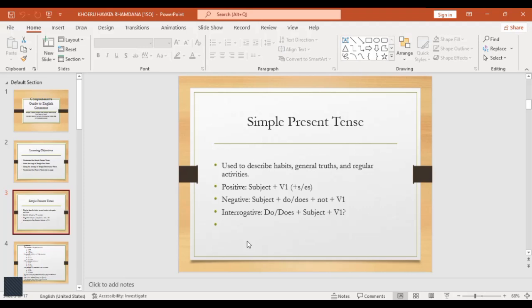Remember that simple present tense is also used with expressions that indicate frequency, such as always, often, never, usually, and others. For example, I always go jogging in the morning. This tells us that jogging in the morning is something done regularly.